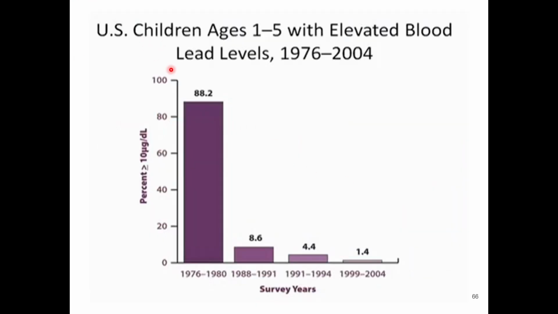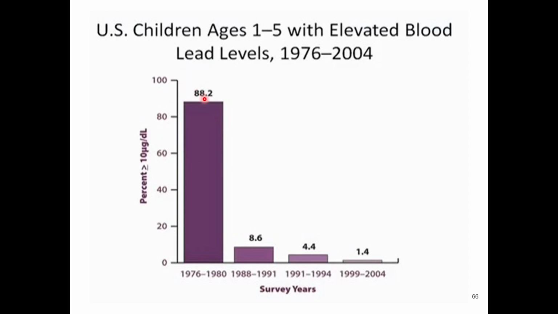So this is the data of US children aged 1 to 5 with elevated blood lead levels between 1976 and 2004. Here also, fortunately, between 1976 and 1980 the percentage of children with elevated blood lead level greater than or equal to 10 micrograms per deciliter was 88.2%.